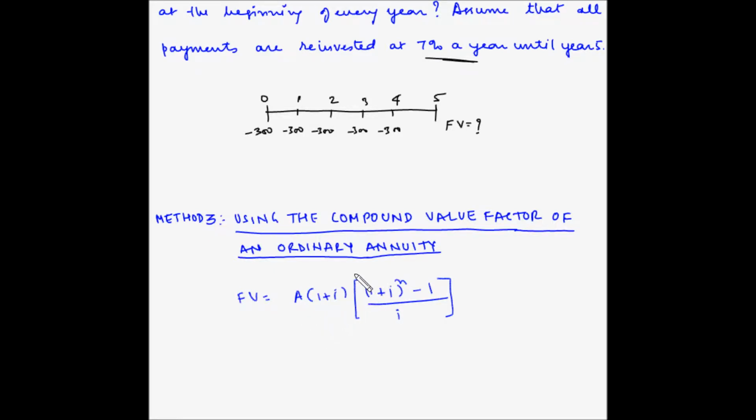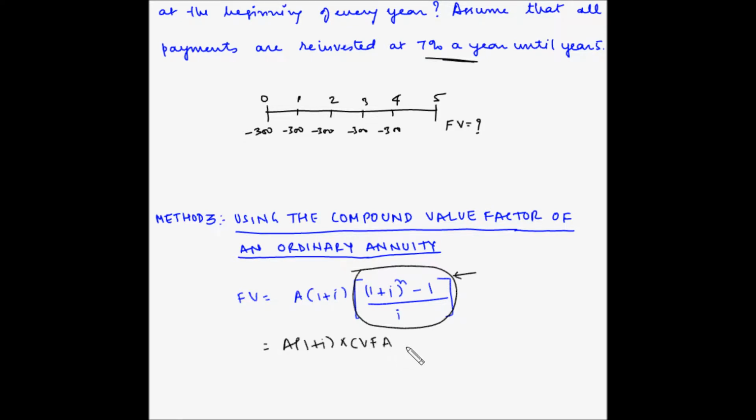So if we take this portion, this is basically the compound value factor of an ordinary annuity, and tables have been established for this with standard values of I and N. So we can also write this formula as FV is equal to A into (1 plus I) into the compound value factor of an annuity, and this is for the ordinary annuity.